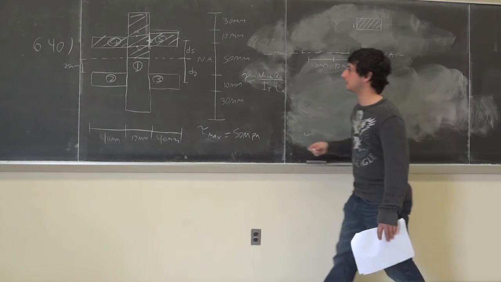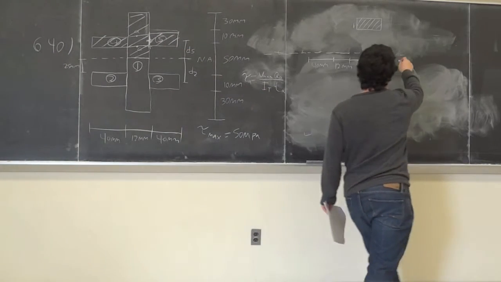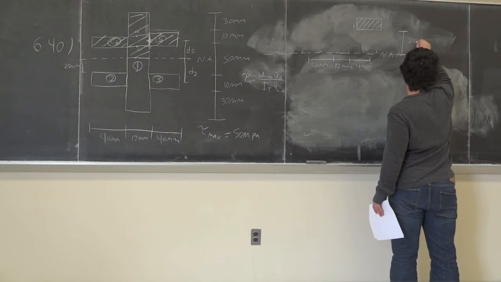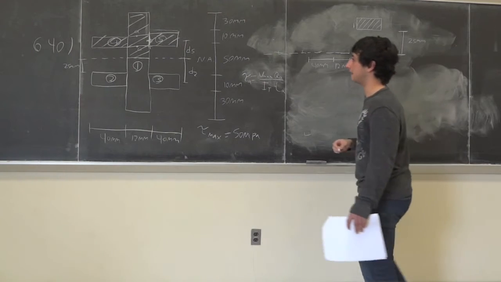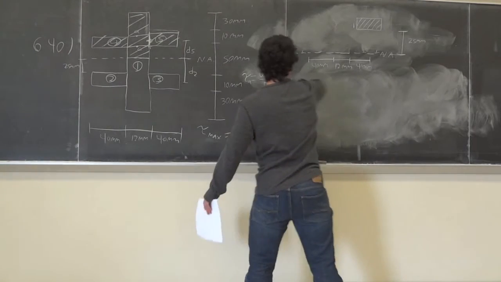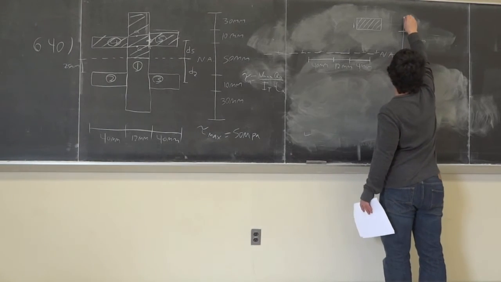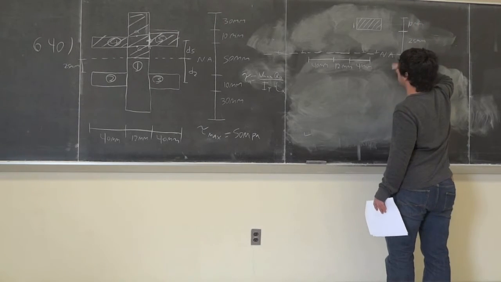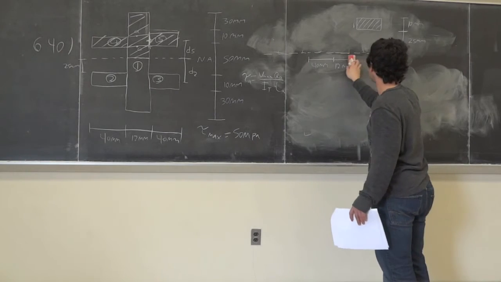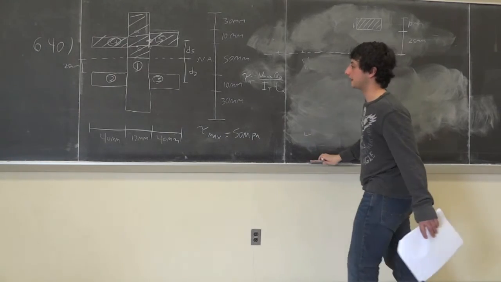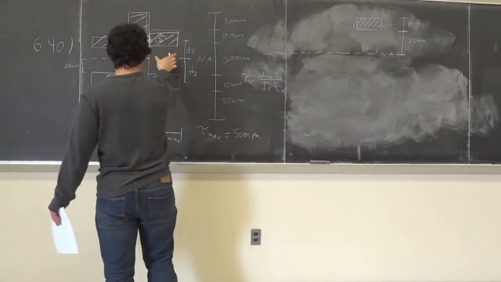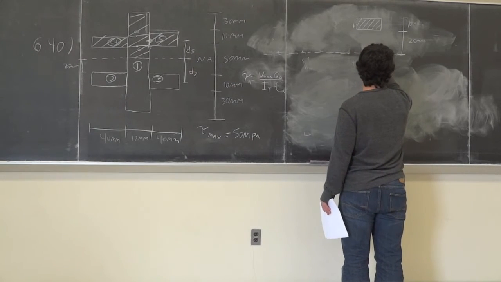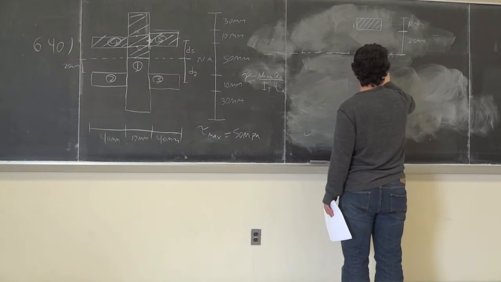Alright, so this distance over here is 25 millimeters, and this distance over here is 10. Those are the only distances you need, 10 millimeters. Okay, and now, so erase this, and this distance over here is 40 millimeters.